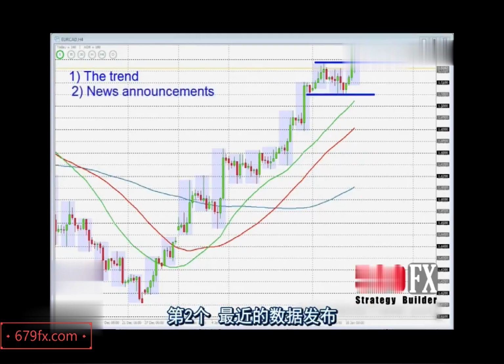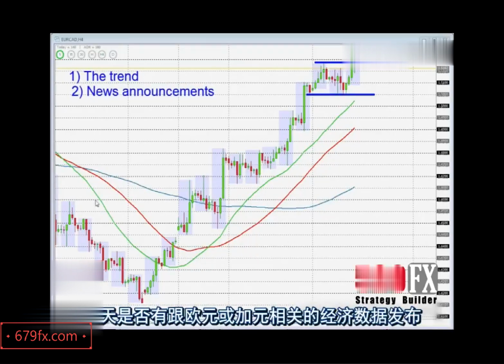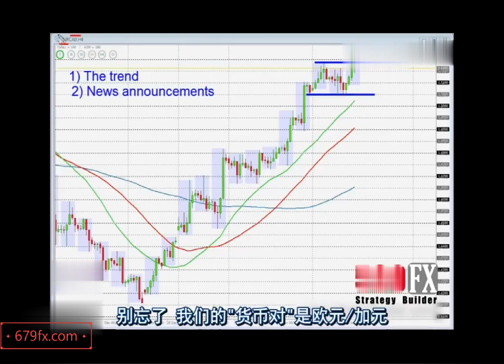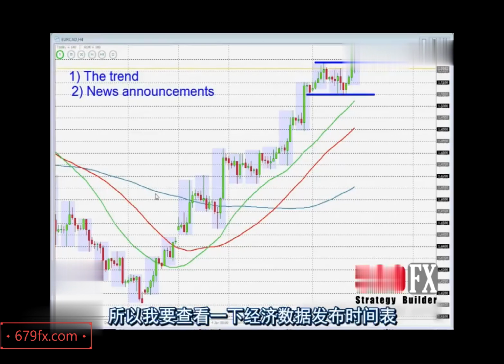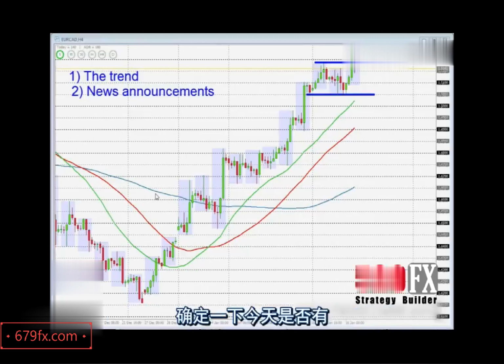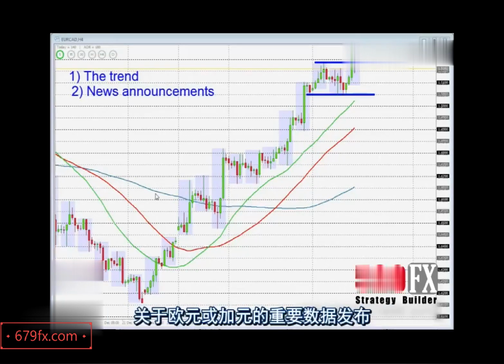Second element: is there any news announcement coming out today? Any news announcement involving the euro or the Canadian dollar? Remember that we are looking to trade the euro against the Canadian dollar. I want to have a look into my economic calendar and see whether there is any important, significant news coming from either Europe or Canada.